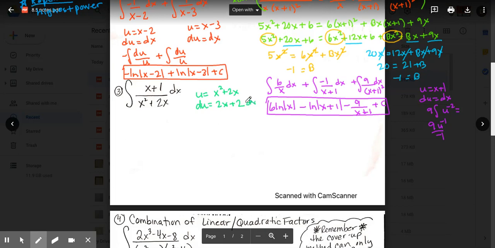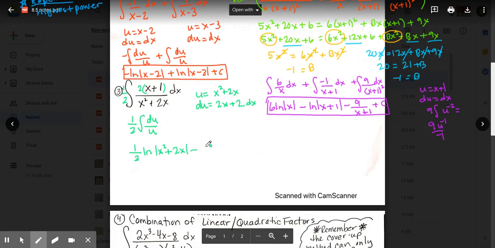And that's basically the numerator with a times 2. So I put a 2 in, and if I put a 2 in, what goes on the outside? 1/2. So this literally is du over u, okay? And so that integrates to the natural log of the absolute value of u plus c.